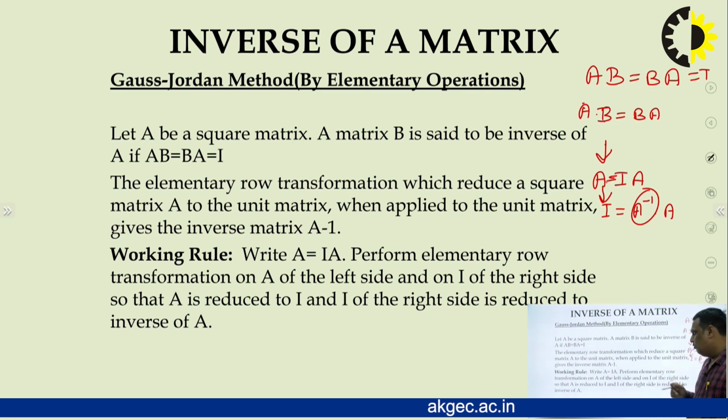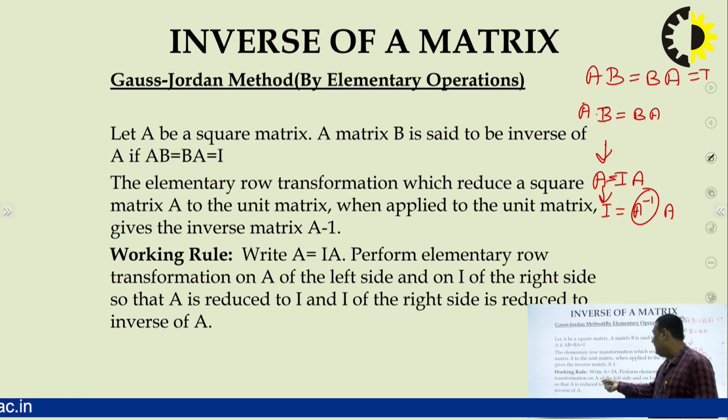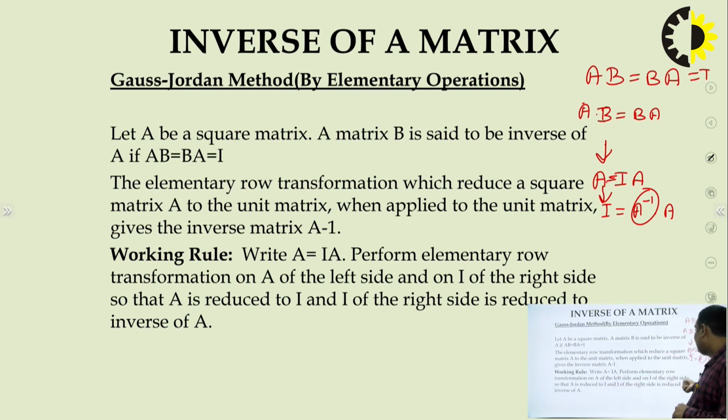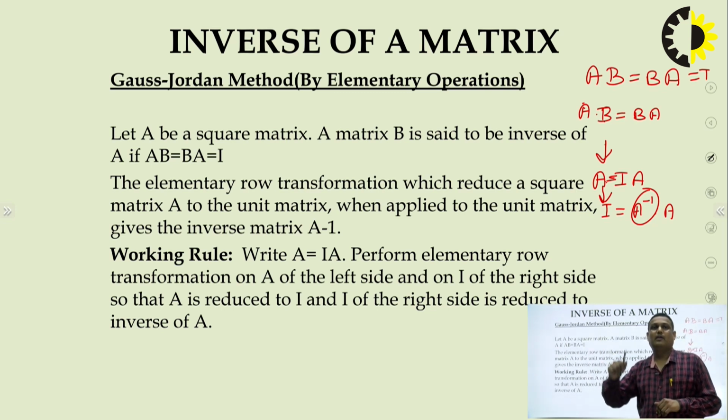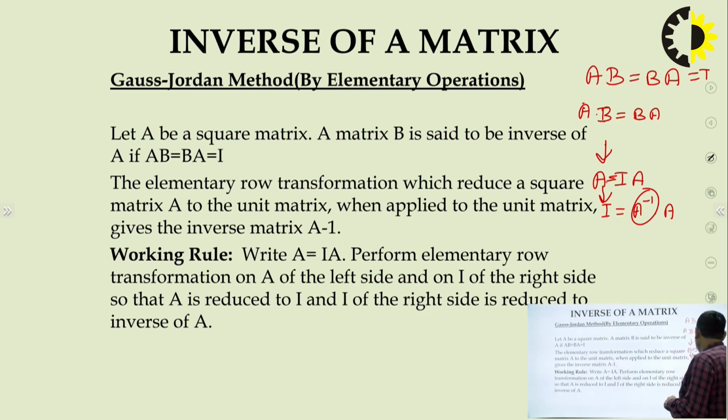Okay, how do we do the working rule? Write A equal to IA. Perform elementary row transformations on A on the left hand side and on I on the right hand side, so that A is reduced to I and I on the right side is reduced to the inverse of A. It is the same thing: first A equal to IA, we have to focus on A to make it a unit matrix, and as soon as it becomes the unit matrix, your A on the right will change to A inverse. This is your working rule.